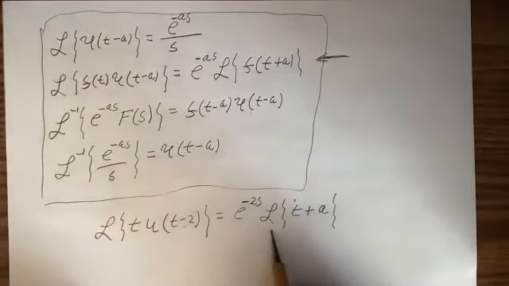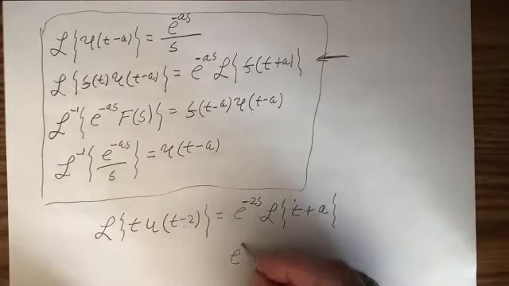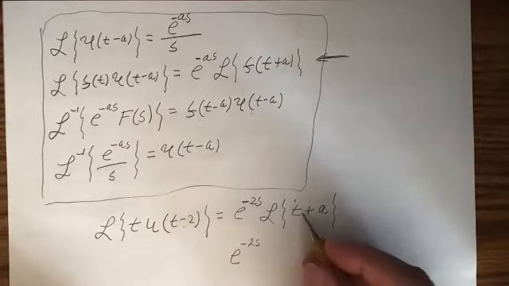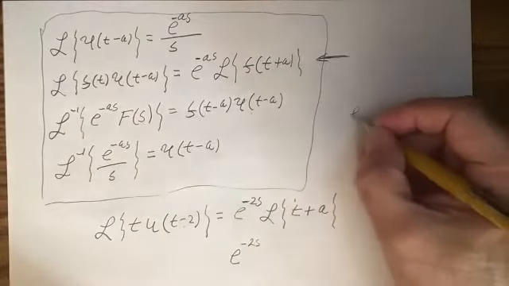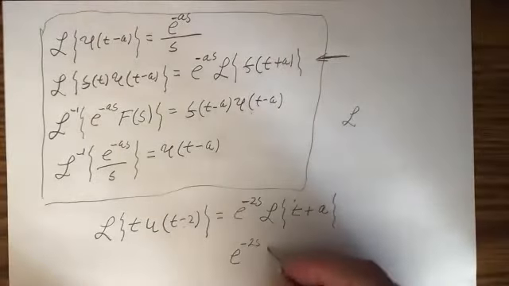So now I have to take the Laplace transform of this. So this is e to the minus sa. Now the Laplace transform of t, that's going to be 1 over s squared, right?